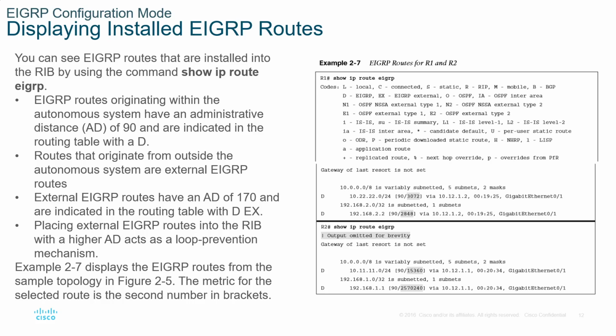Alright, and the reason these have a higher administrative distance is to help eliminate loops. Okay, because if you have another routing protocol that has a destination of that network, it's probably more trustworthy than the routes being injected into EIGRP.